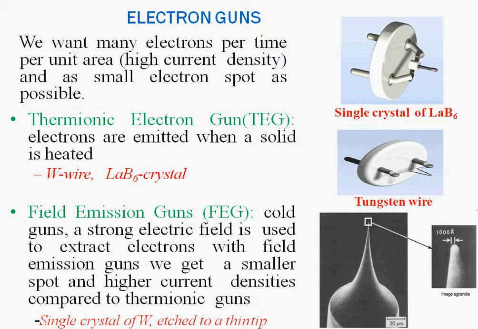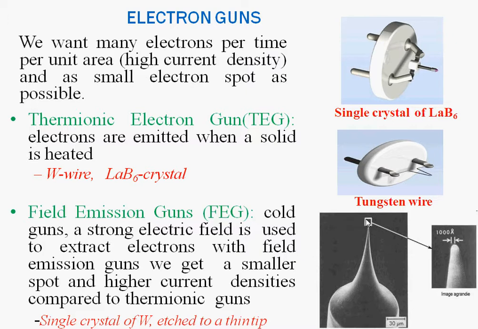In the thermionic electron gun, the electrons are emitted from a solid material such as a tungsten wire or lanthanum hexaboride. In the first one, we can observe the lanthanum hexaboride crystal, which emits the electrons.